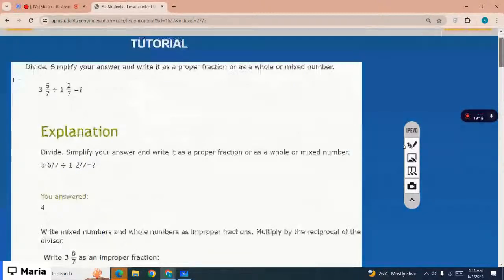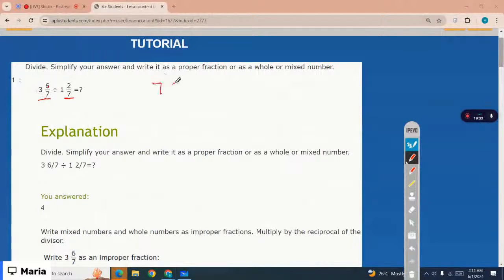Let's start with the first example, that is 3 whole 6 by 7 divided by 1 whole 2 by 7. So how do we convert them to improper fractions? That is 3 whole 6 over 7. 3 is the whole number, 6 is the numerator and 7 is the denominator. You need to multiply the denominator times the whole number, 7 times 3, and you need to add 6.